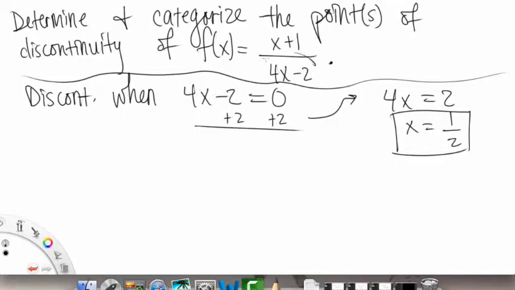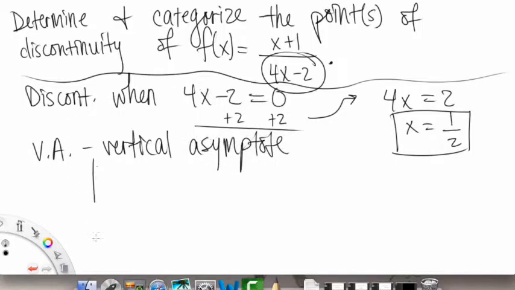Just as a general rule, whenever you have a function in the denominator, when that function equals 0, then we have what's called a vertical asymptote.